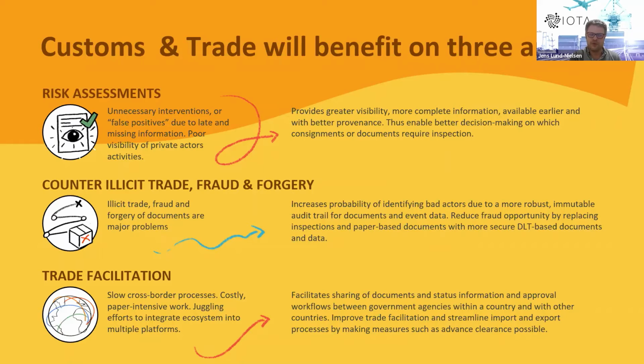They can also better detect illicit trade, because they have the whole traceability on the system, from who uploaded the information, when, and so on. That will help trade facilitation, meaning the whole facilitation across borders, and therefore bring down cost, which is a benefit to the country as such for exporting and importing. It will take down the cost of trade.